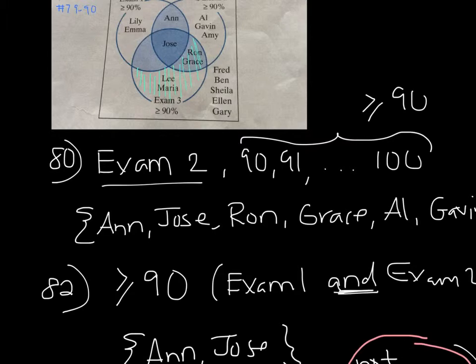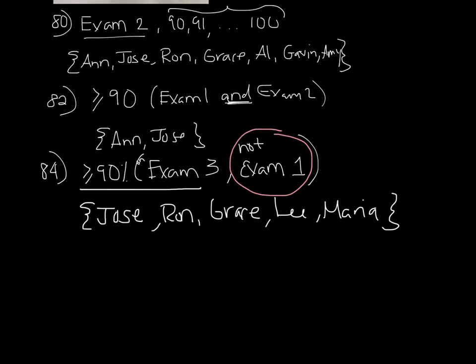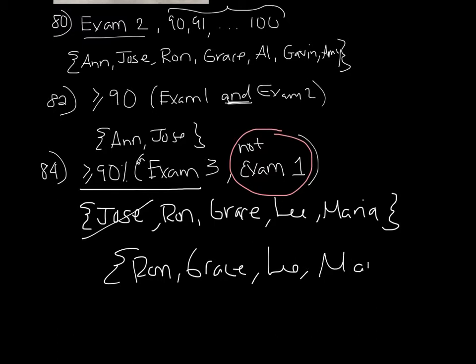Think of scissors cutting out that circle, so you're just left with this piece. Those 4 students. So we take away Jose in this case. So you can just say Ron, Grace, Lee, and Maria.